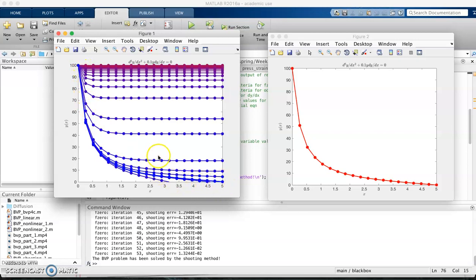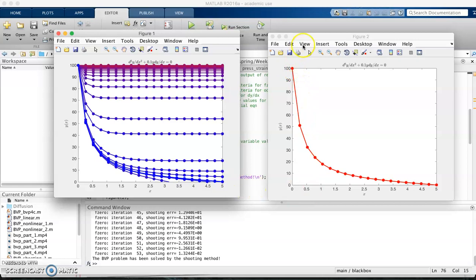And you see that sometimes Matlab actually overshoots, so instead of reaching the final solution monotonically, it may bypass the solution and get this blue curve, which is now giving a right end value less than 0, which is not correct. So then Matlab tries to back out and find the right solution for the slope such that it gets the right end value equal to 0.